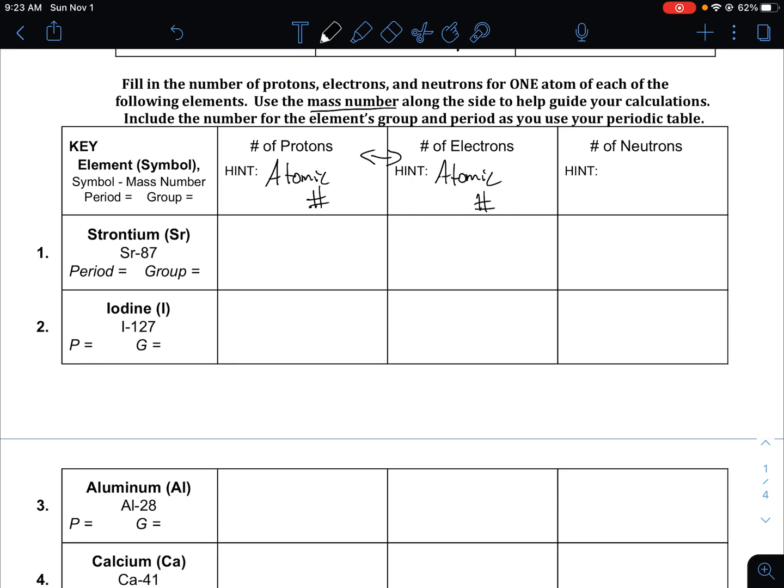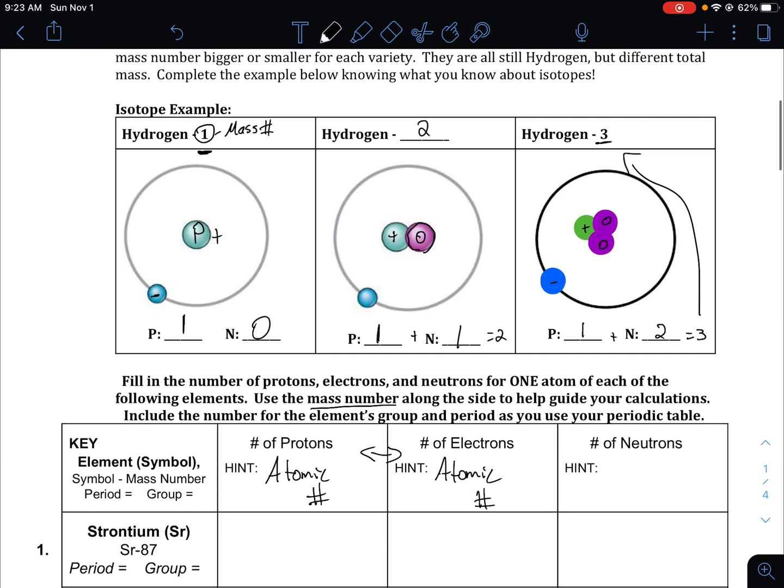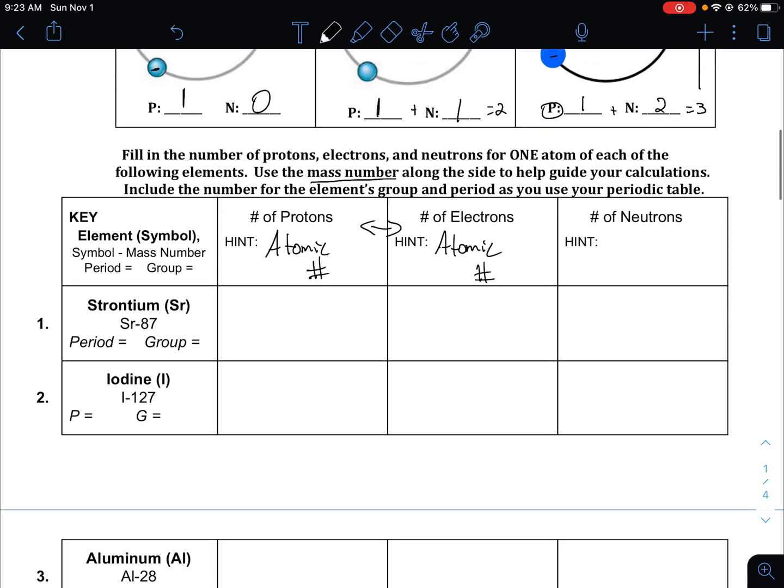Now neutrons is a little different. Remember from up here, we have to take mass number and subtract our protons to find neutrons, because protons plus neutrons equals mass number, so I'm just changing that equation around. So this is mass number minus protons gives us number of neutrons.